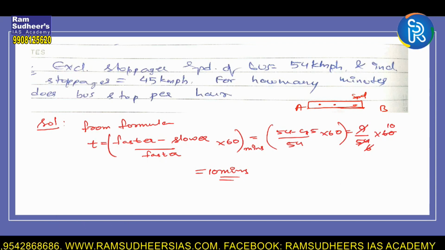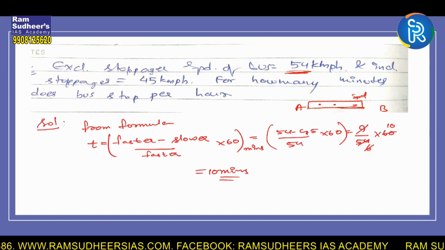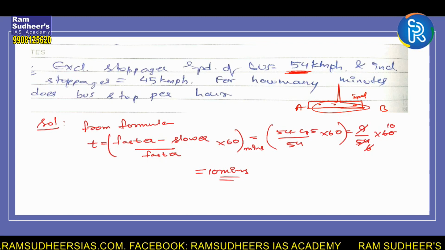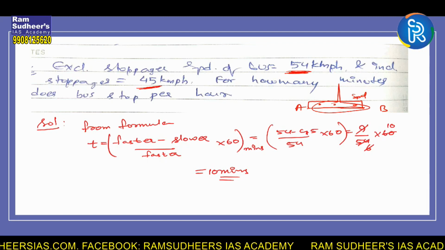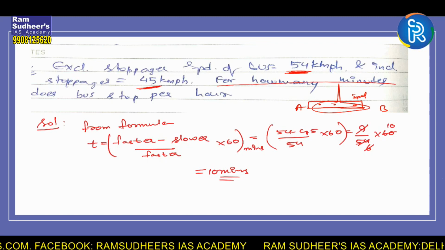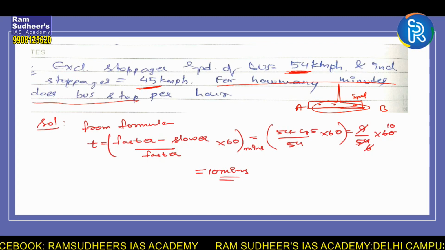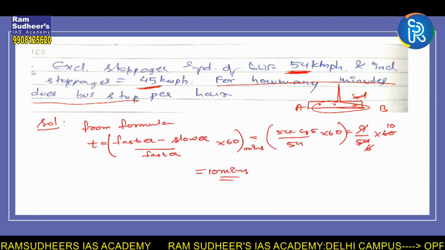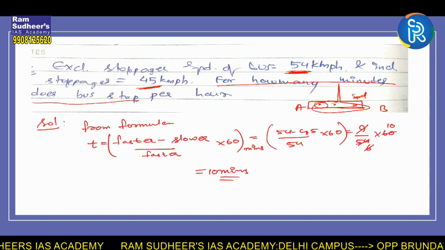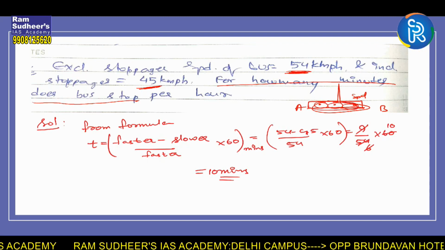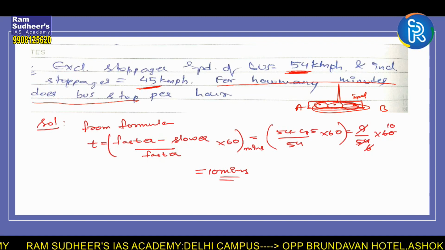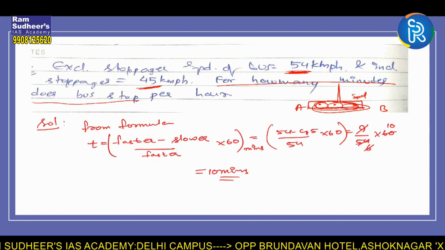Excluding the stoppages, its speed is 54 km per hour, and including the stoppages, its speed is 45 km per hour. For how many minutes per hour does the bus stop at its bus stops? He's just asking, per hour, how many minutes does it stop at all these bus stops summed up together?